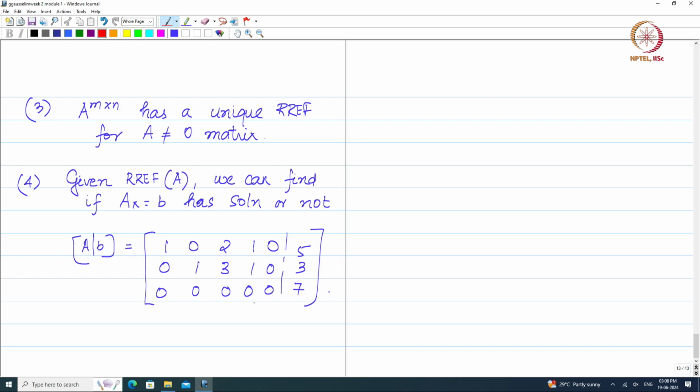Here we see that the matrix is in RREF, however, the row whose elements are all 0 has on the right hand side 7, indicating inconsistency. The last row has zeros, but output is 7.